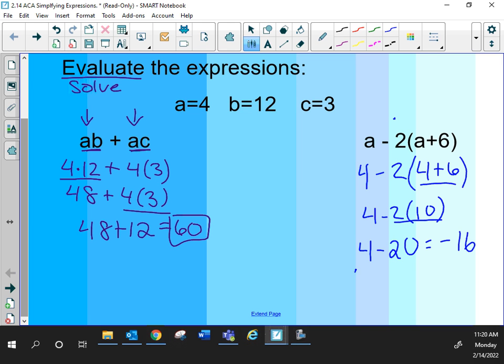Remember, you can rewrite this. If you don't like subtraction, you keep the first one and then change it. That's another way to look at it. You think of the team who's winning, the negative team is winning by 16 points. Okay, we have to remember those little skills.